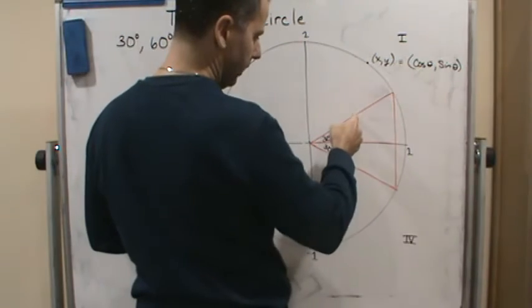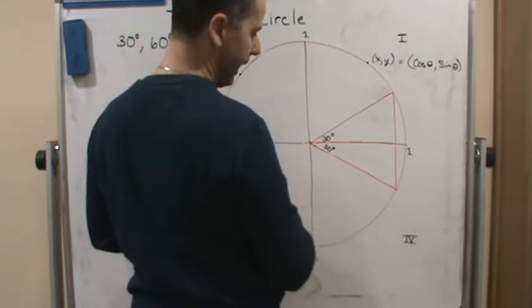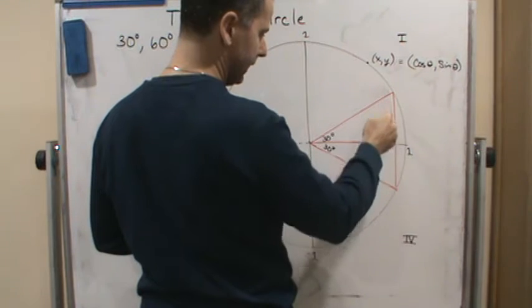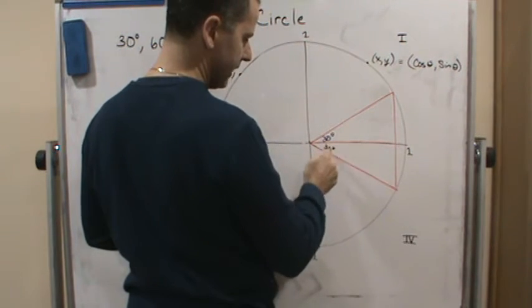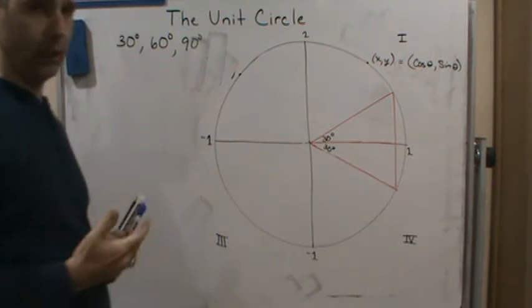Now, since these are reflections of each other, this angle has to be equal to that angle. And so both of these must be 60 degrees as well, because if this is 60, that leaves 120 for these two. And so we end up with an equilateral triangle.